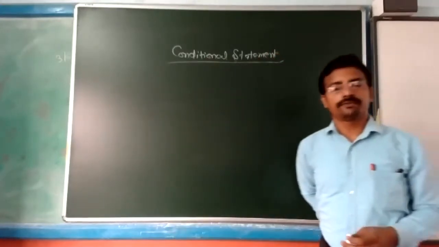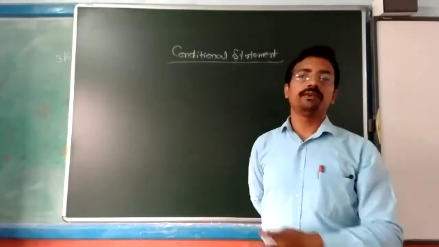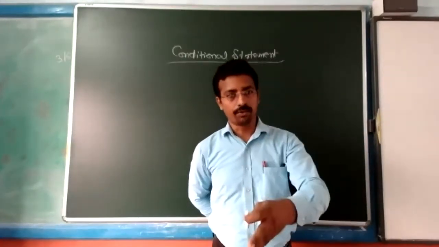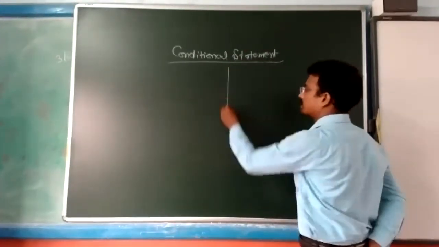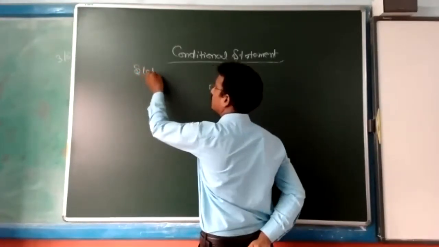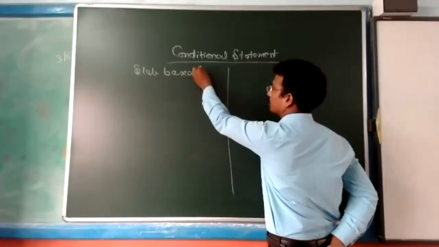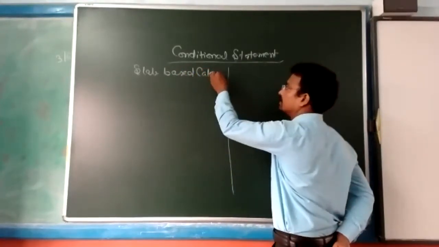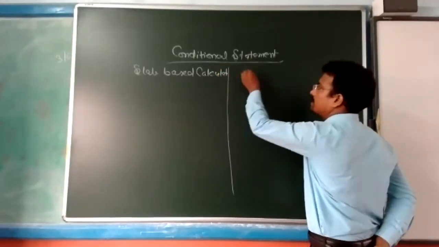Mostly two categories of questions are there under this that will surely come in your examination paper, either as a board or home exam from now. That is slab-based calculation and direct calculation.